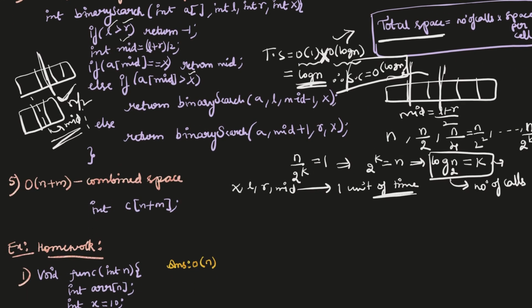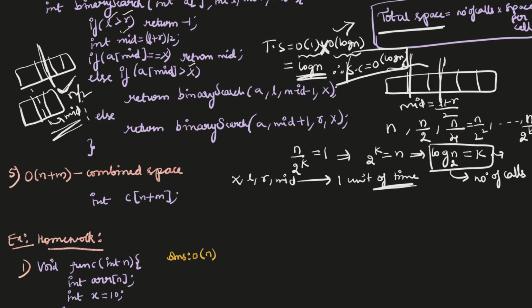Coming to the next question, it is combined space. See, whenever you get something like this inside any loop, this statement, it is having two variables. So this is nothing but it is taking n plus m space.